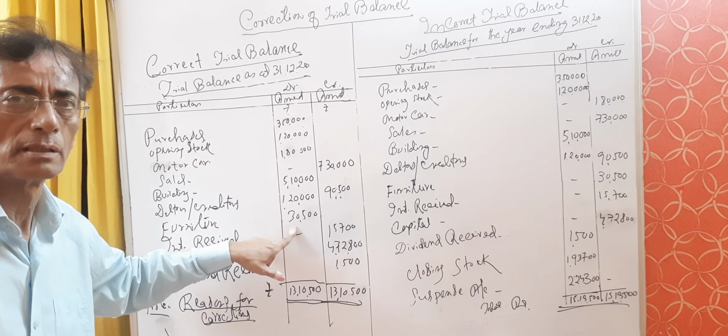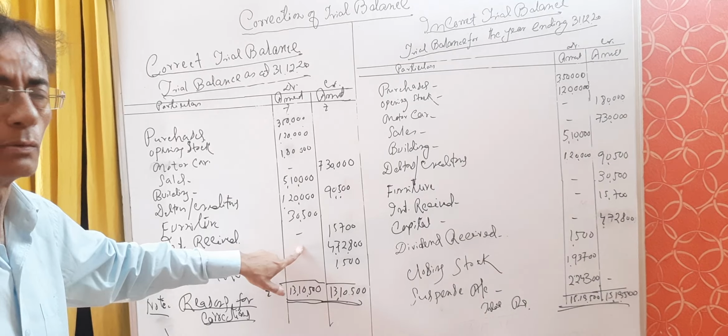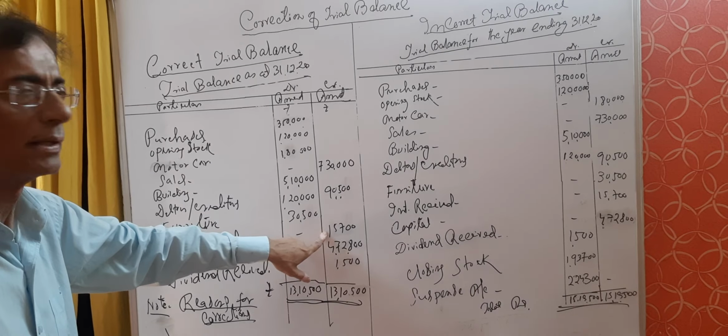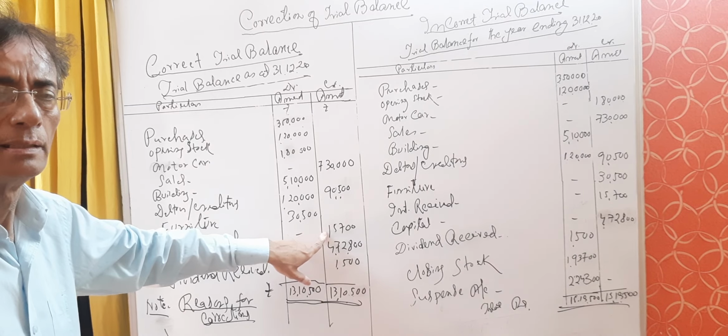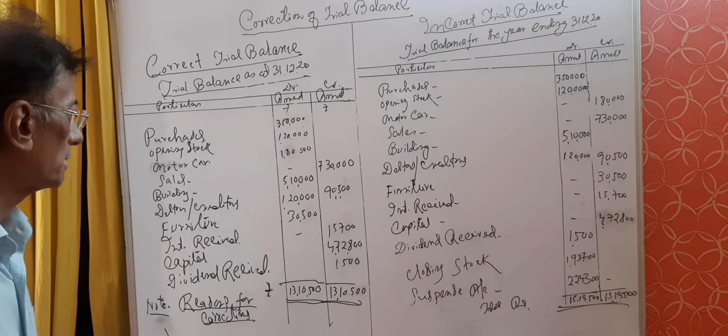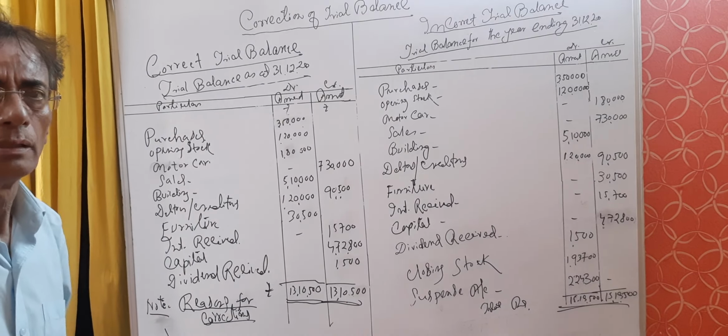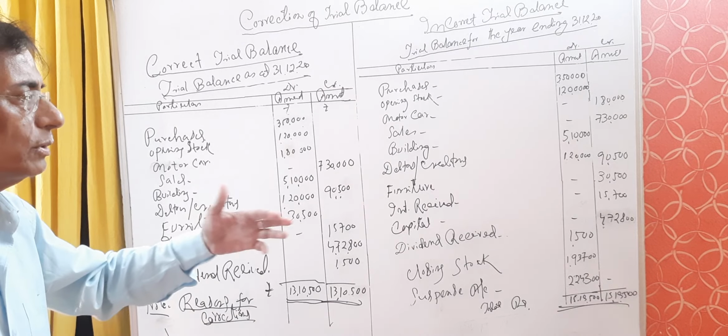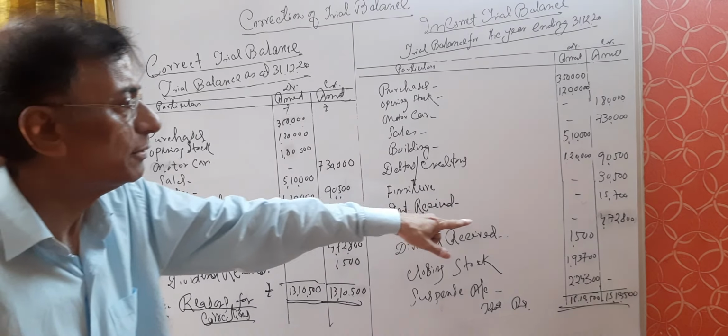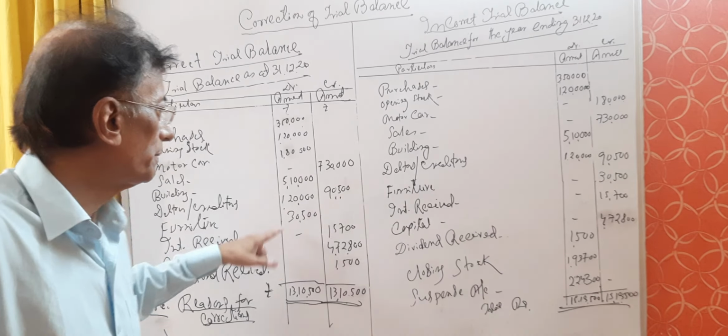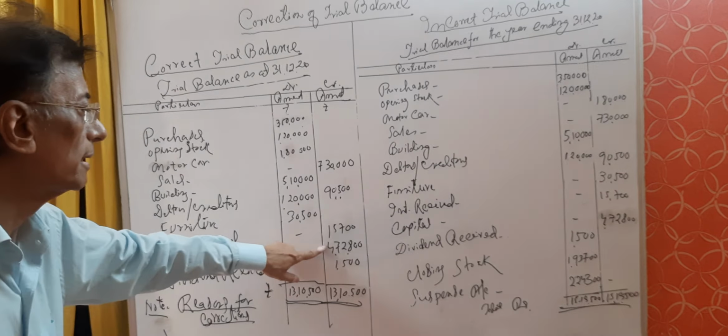Interest receipt is on the correct side, with the value 15,700 in the credit side. Capital is also on the right side, so I have written it in the credit side with the value 4,72,800.